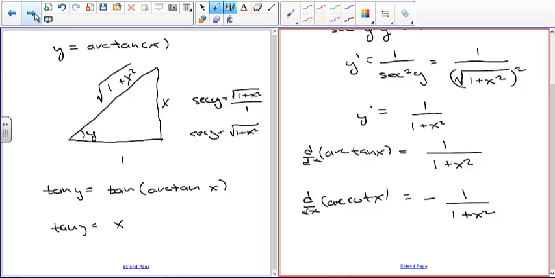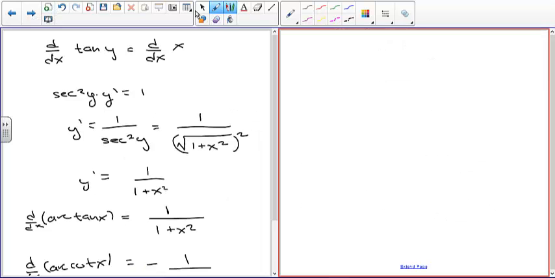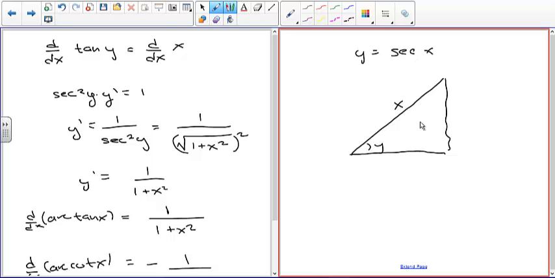So the only ones we haven't done are arccosecant and arcsecant, so let's do that one. So let's say y is equal to the arcsecant of x. So let's draw a triangle. The angle's y. The secant is the hypotenuse over the adjacent.